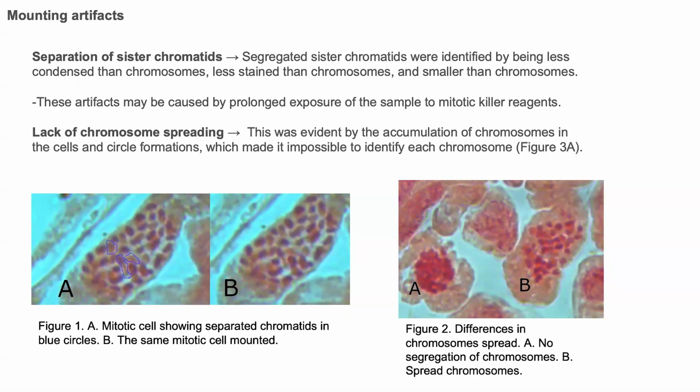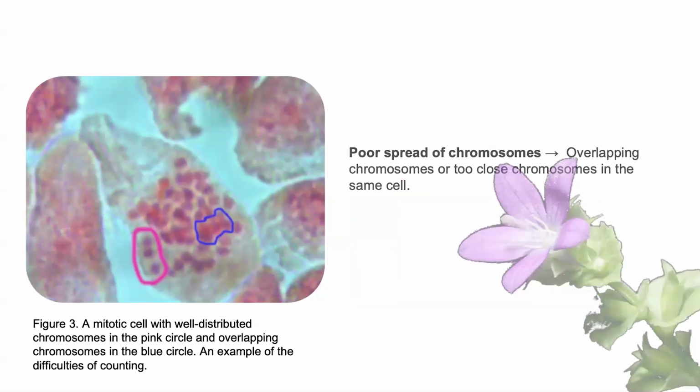In this case, the chromosomes are not spread, as well as in 2B. The most common problem in the whole process was the poor spread of chromosomes. For example, in this cell we see a good spread, but in this other case the chromosomes are close, and sometimes they overlap. So that's why we need to make a lot of slides to be able to find a good spread of chromosomes that you can actually count.